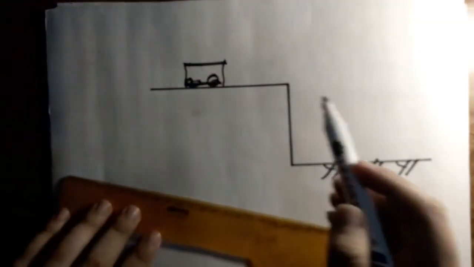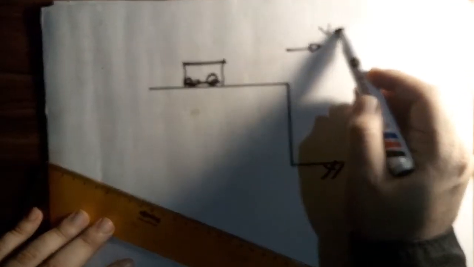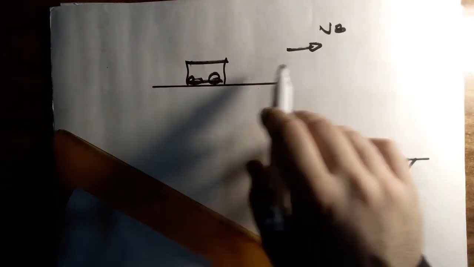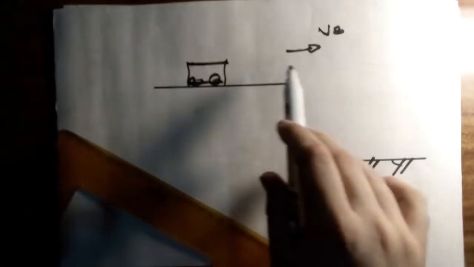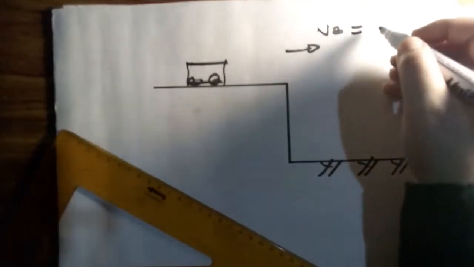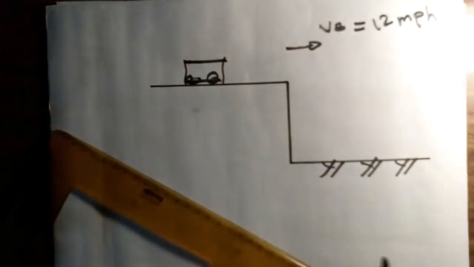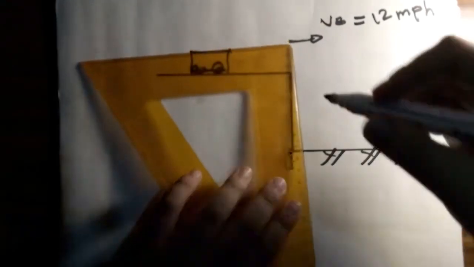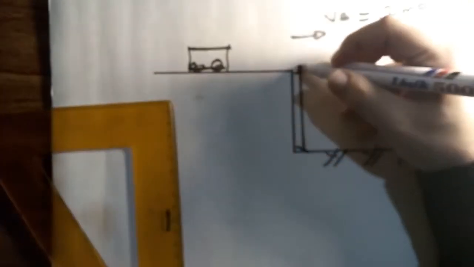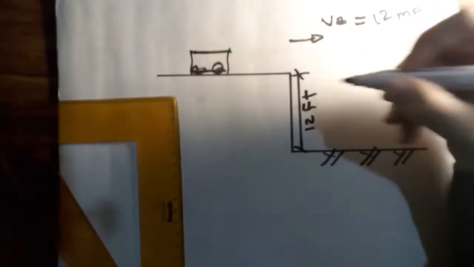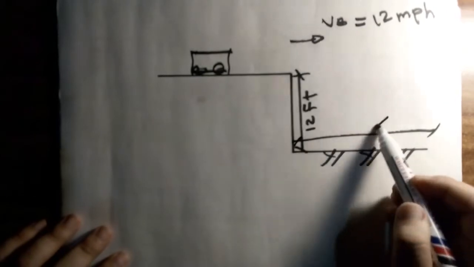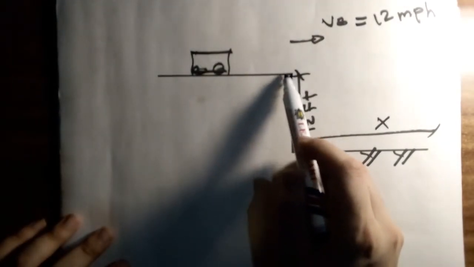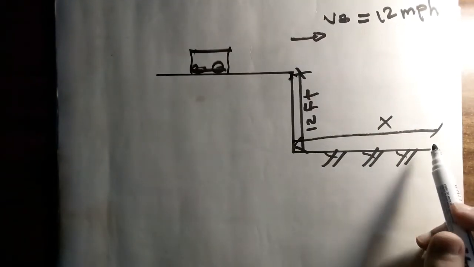Let's assume this is the car, and here v initial, let's assume this is the horizontal velocity because the car before falling was moving on a horizontal path, so the horizontal velocity equals 12 miles per hour, and this vertical distance is equal to 12 foot, and we want to calculate the horizontal distance from the beginning of falling to reaching the ground.